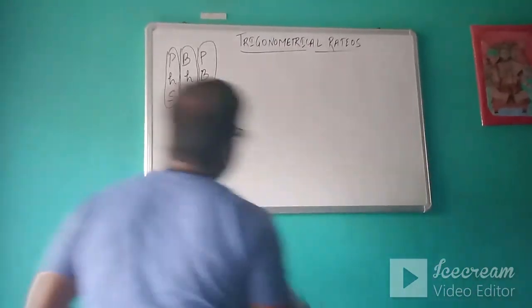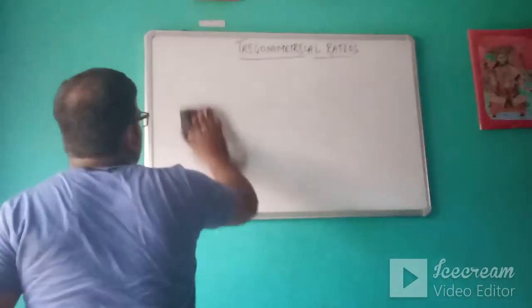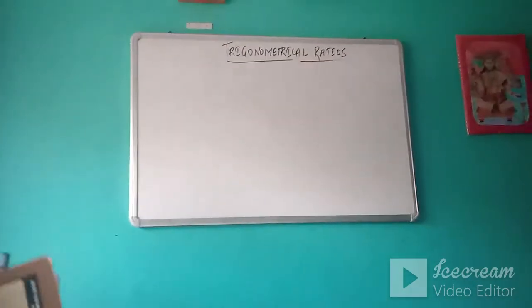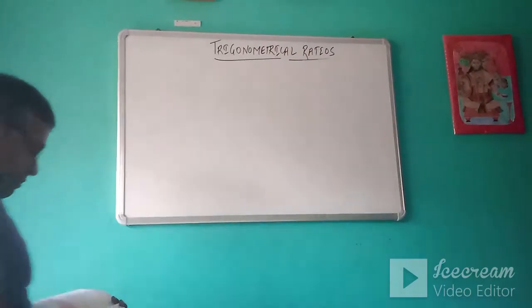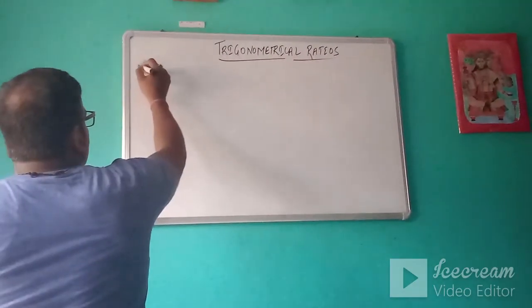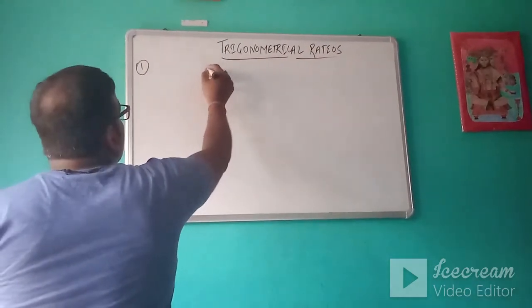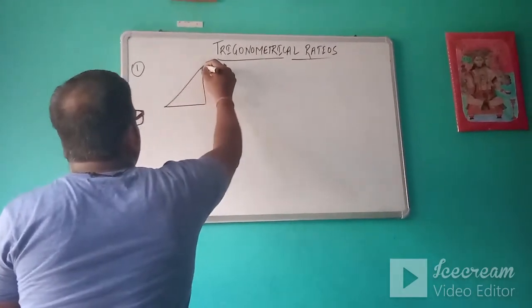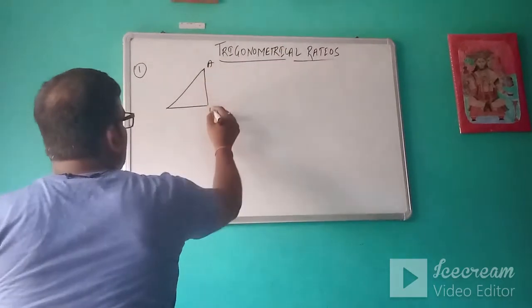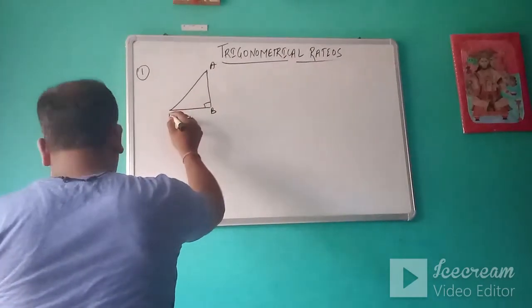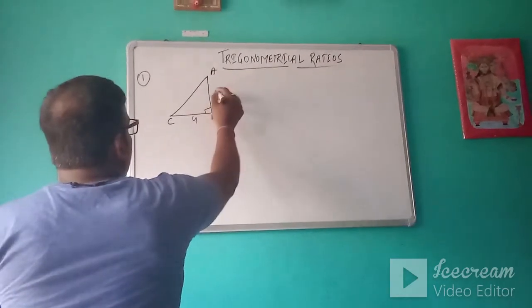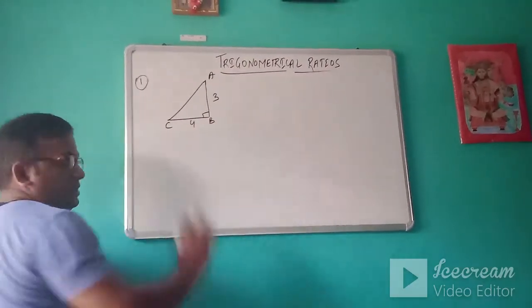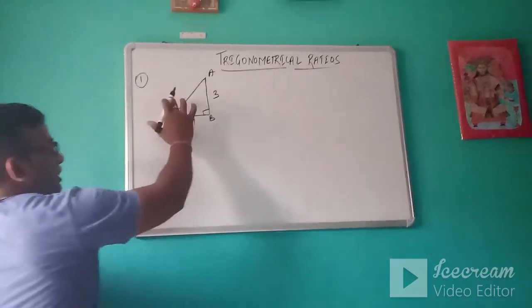Okay, now let's discuss a few questions for this topic, and we will keep the Pythagoras theorem in mind as well. Very first type: suppose a figure is given. In figure questions, the first step is always to find the remaining side. In this question, AB is given and BC is given. So which side is not given? AC.